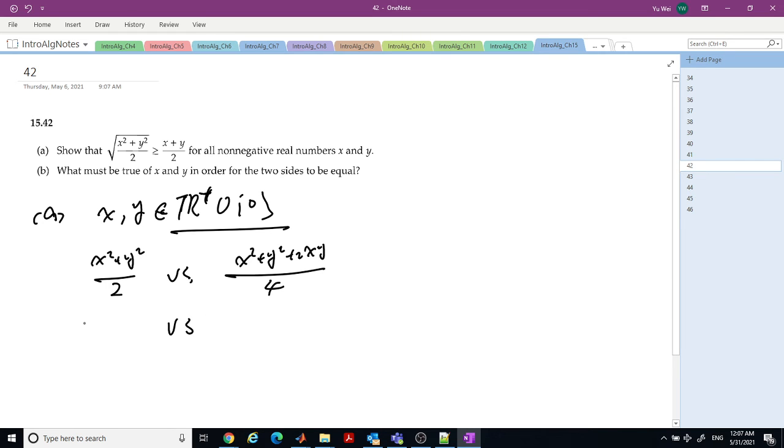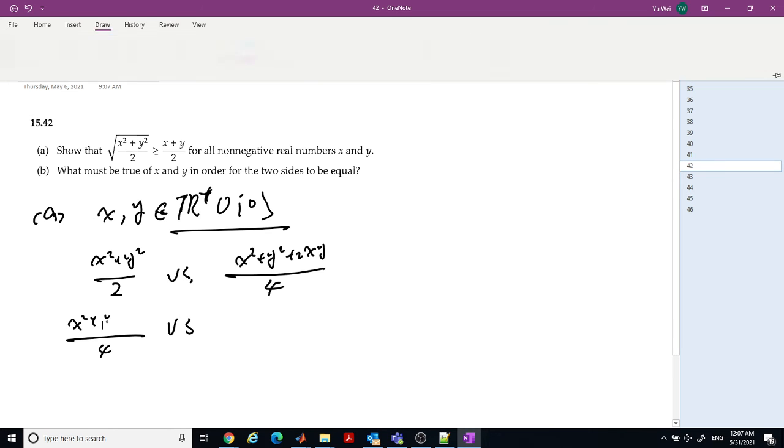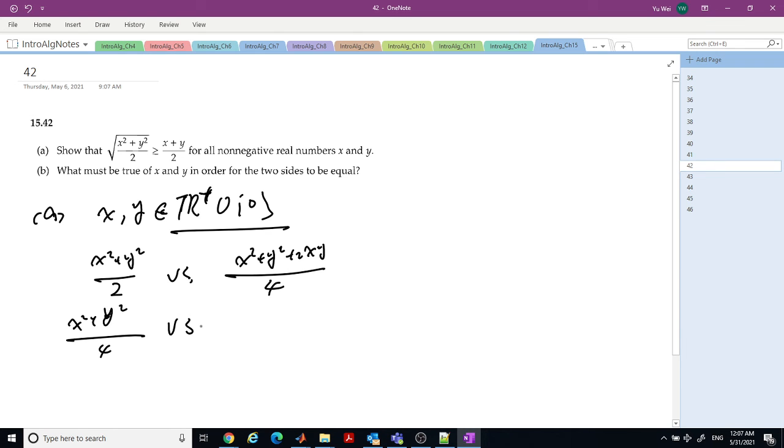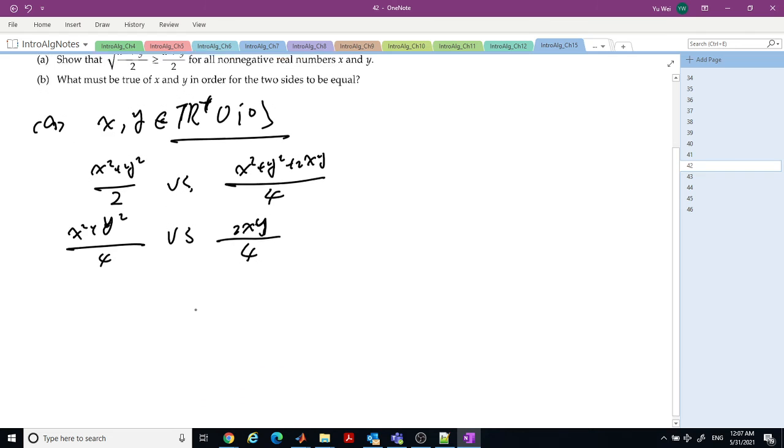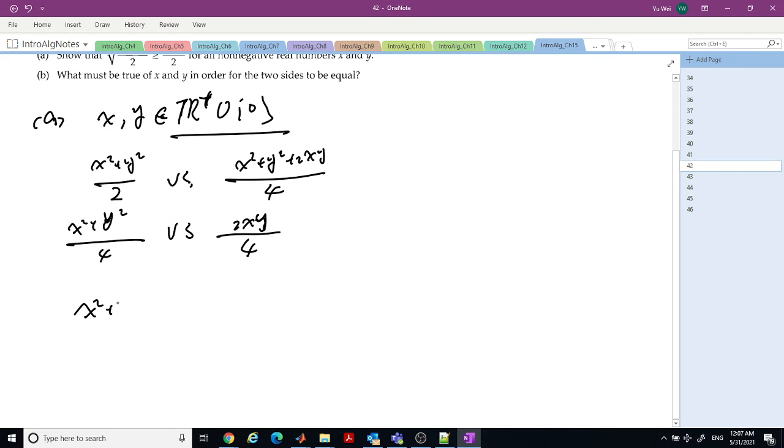Equivalently, we compare 4 times (x squared plus y squared) with 4 times 2xy. Then it's equivalent to comparing x squared plus y squared minus 2xy with 0. So we know this is a perfect square, (x minus y) squared, which will be greater than or equal to 0. So that's why you get this.